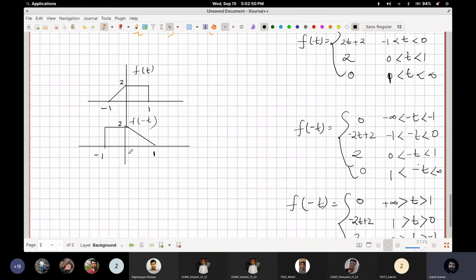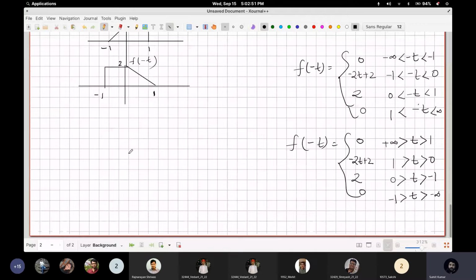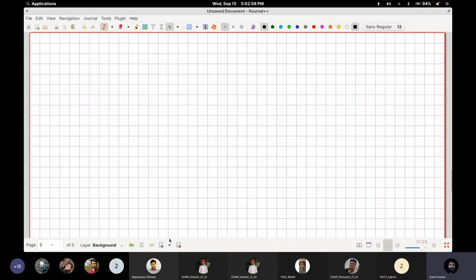Okay, now what I am interested in is combined operations. Let's just do the combined operation, and then that will be very clear to you. So we will be doing this operation, f of at plus some t.